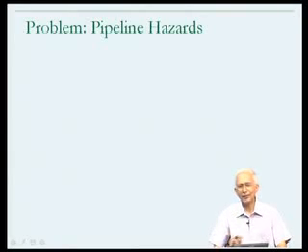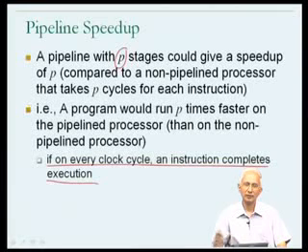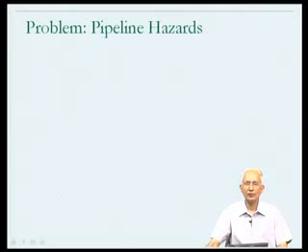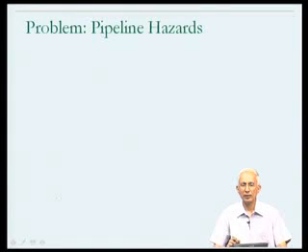Now, we're going to next spend some time looking at one of the problems with programs because of which this is not typically going to happen. So this is not always going to be the case, that every clock cycle an instruction is going to complete. Now, the situations in which it is not possible for an instruction to complete every cycle arise out of problems within the pipeline due to different kinds of instructions, and these problems are known as pipeline hazards.